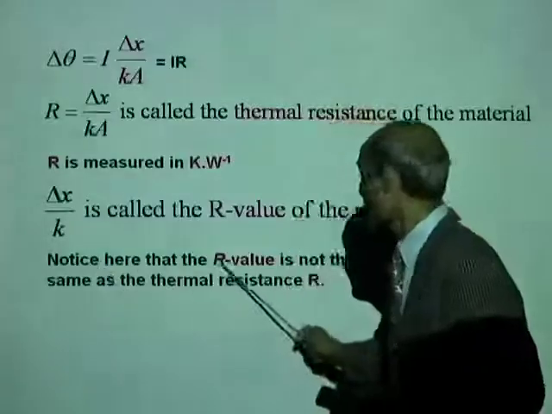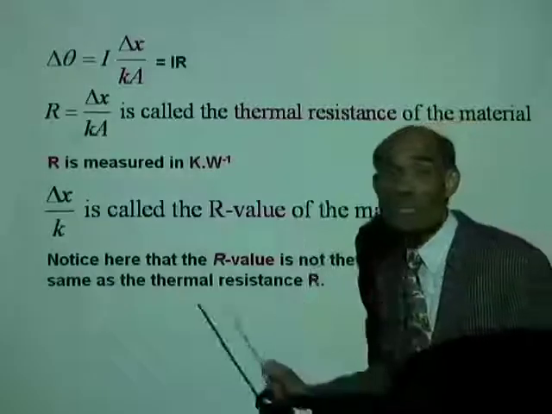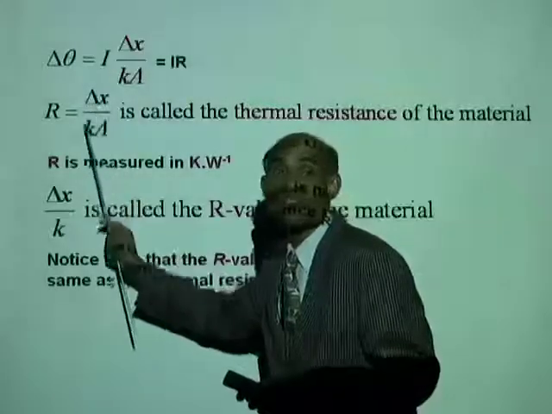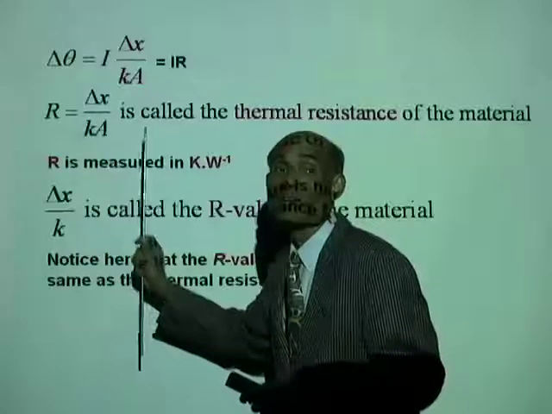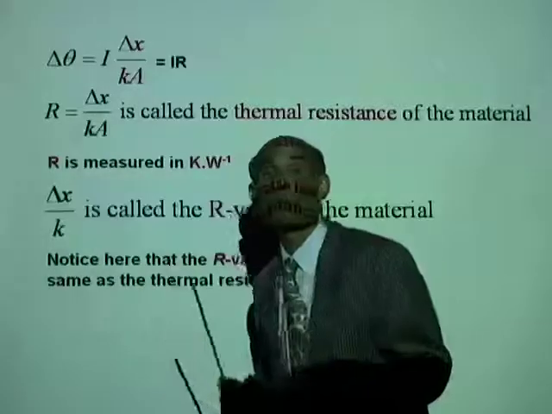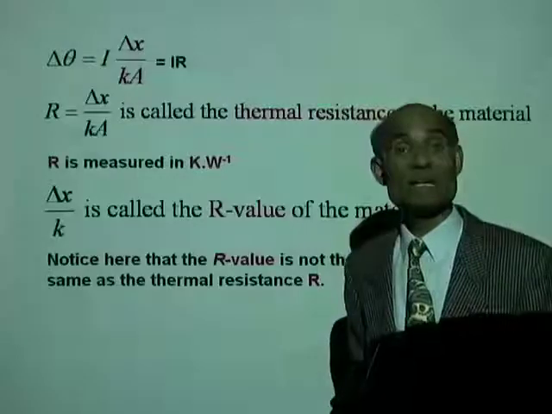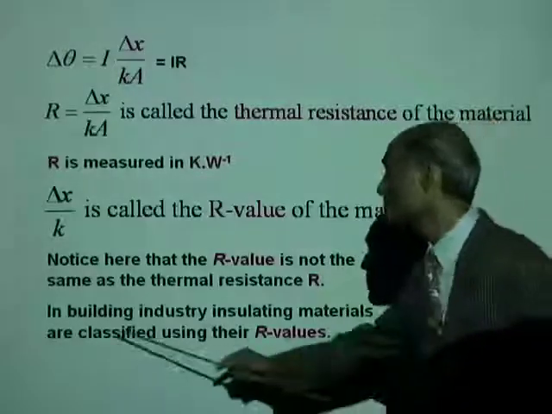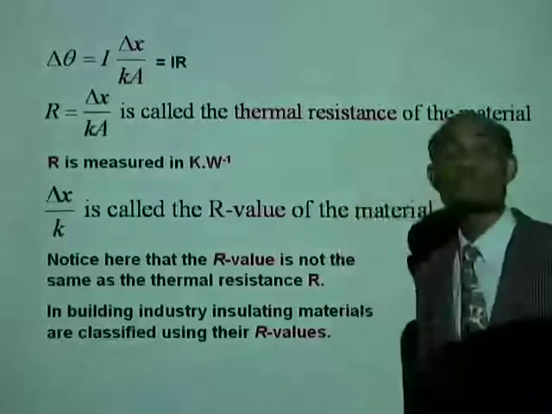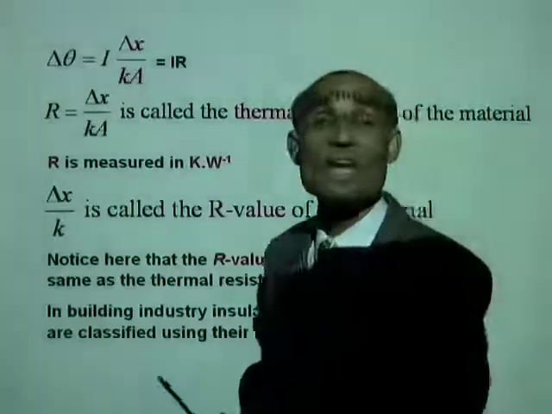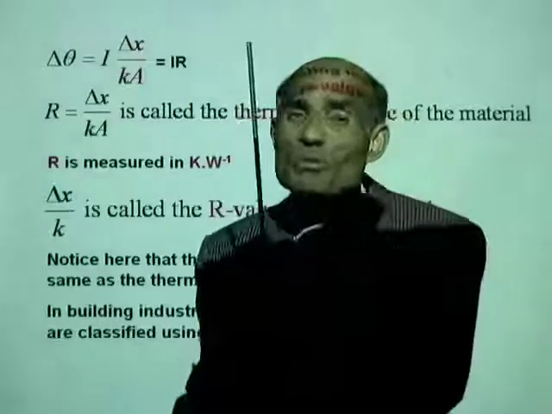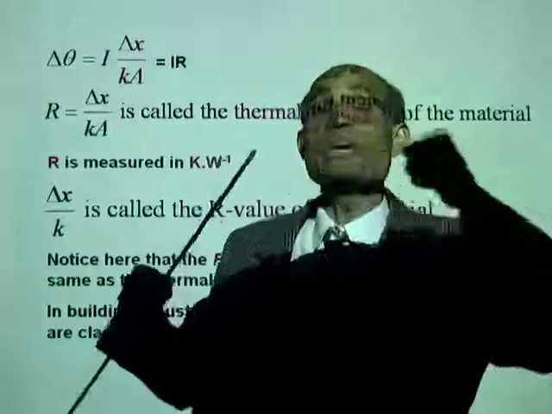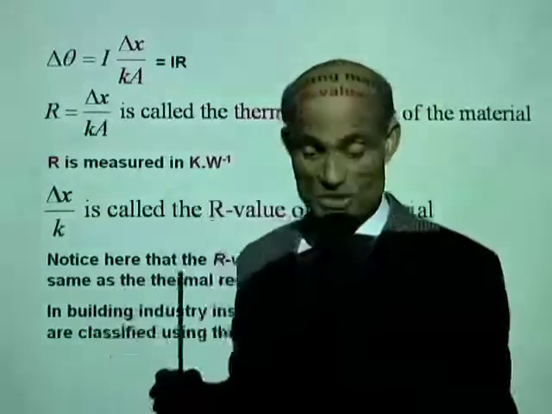So notice that the R value is not the same as the thermal resistance. The thermal resistance is delta X divided by K a, whereas the R value is simply delta X divided by K. In the building industry, the insulating materials are classified using their R values, in their ability to be a good insulator, in their ability to allow heat to pass through. That is the R value.